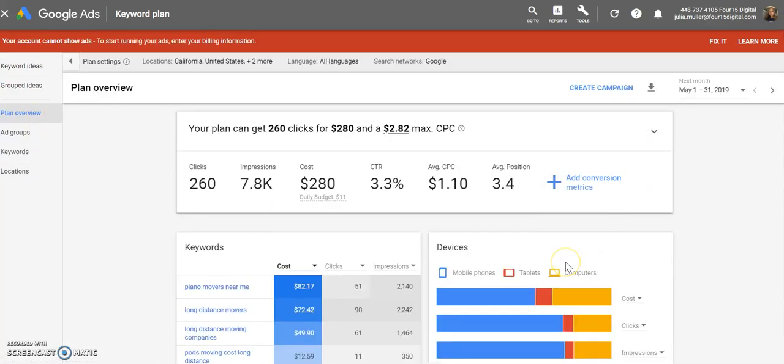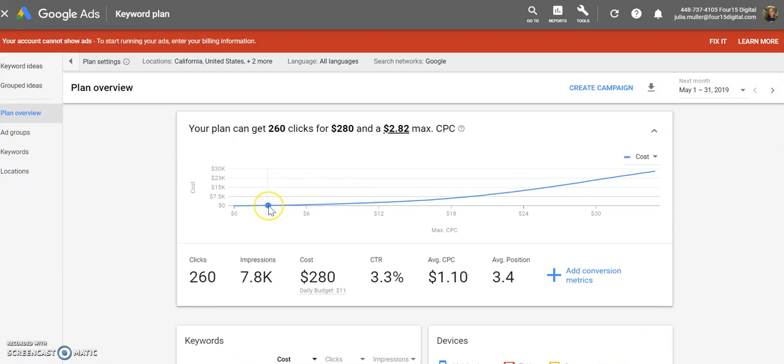An important thing to bring up here as you look at the plan overview, there is a way to decide how much you would like to bid and what you would expect, for instance, in terms of an average CPC or a max CPC.